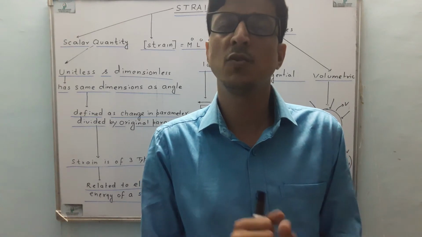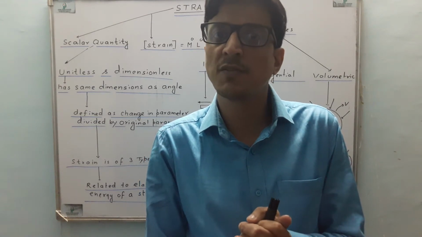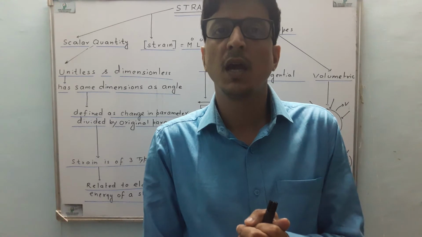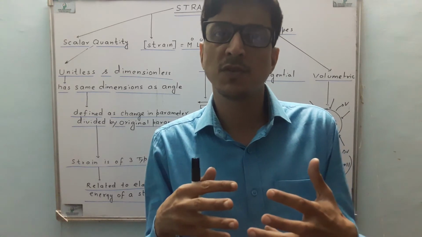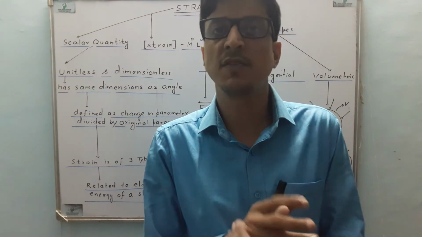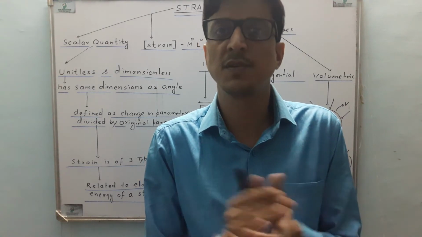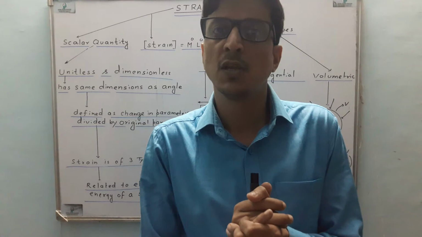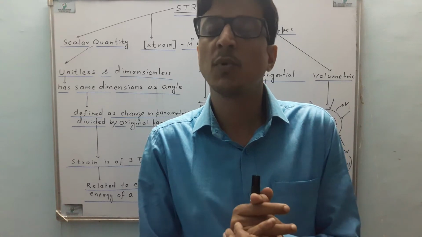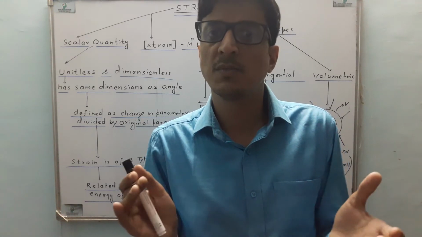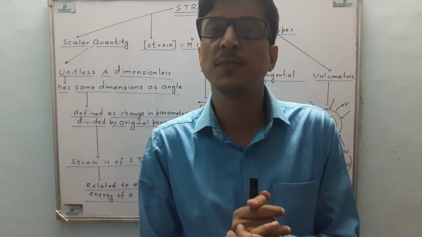Suppose in another case you apply force parallel to the surface of a cube, and because of that force the shape of the upper face gets changed. It drifts by a distance x. So x upon L is the tangential strain.